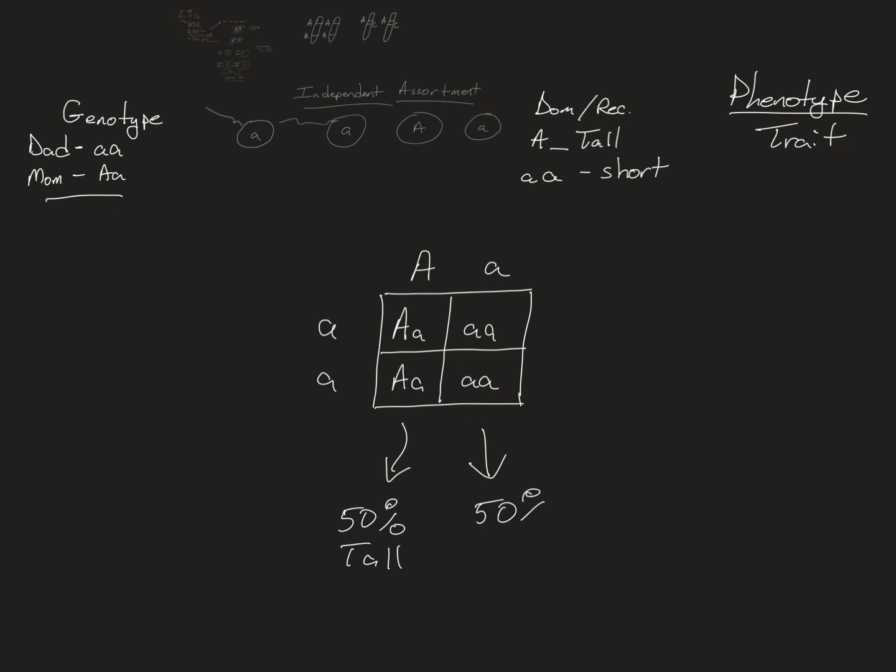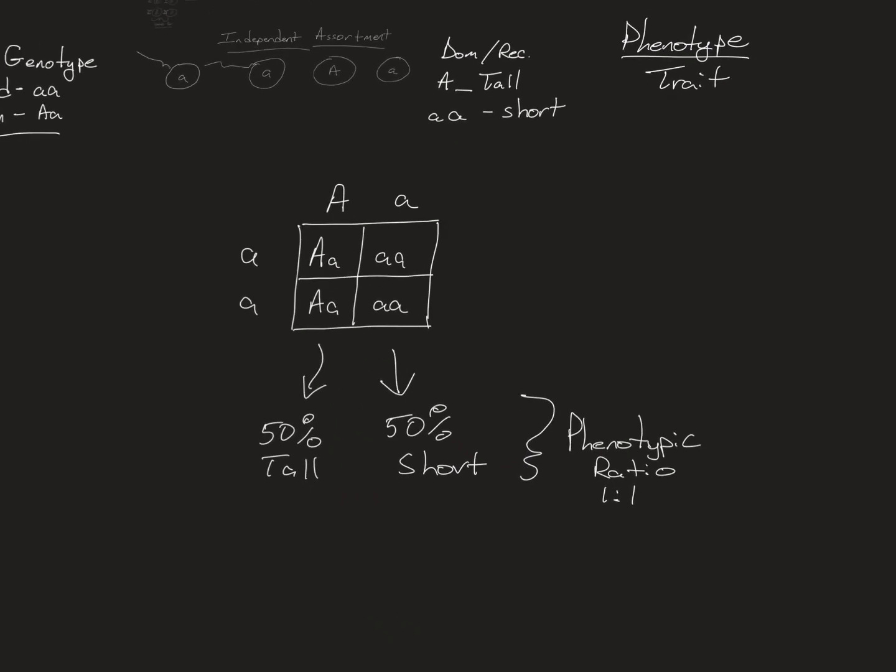This is what we call the phenotypic ratio. It's 1 to 1, equal amount, 50-50. Percent chance of being tall versus short is 50-50 if mom is heterozygote.